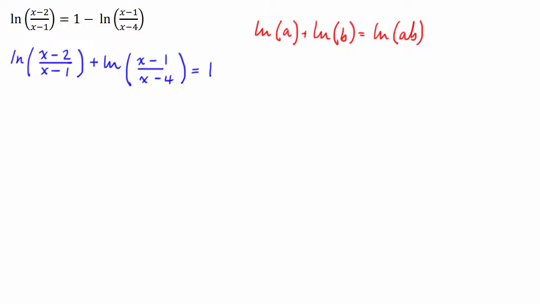In this case, we're going to join the two logarithms together. So I'm going to have the natural log of (x take 2 over x minus 1) multiplied by (x minus 1 on x take 4), and that's equal to 1.